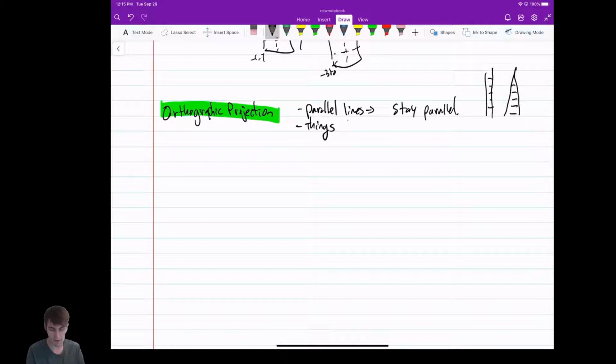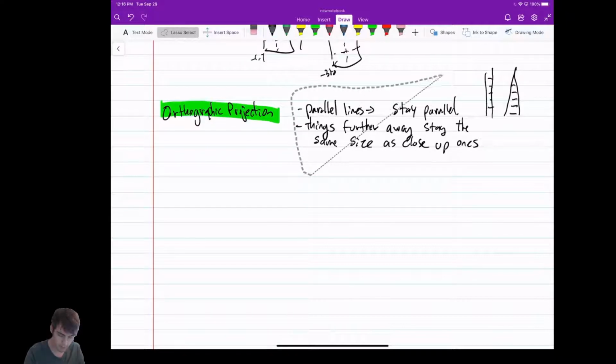Things further away stay the same size as close-up ones. Okay, now this is getting strange.